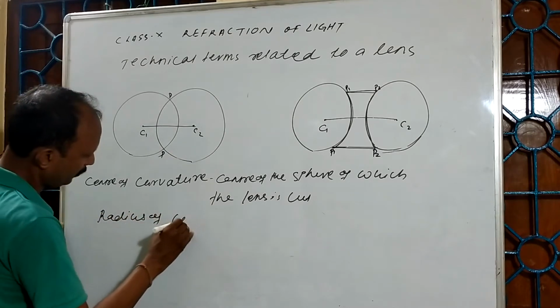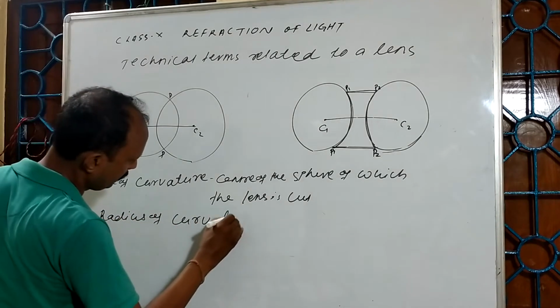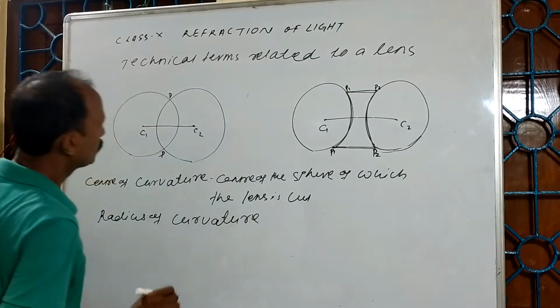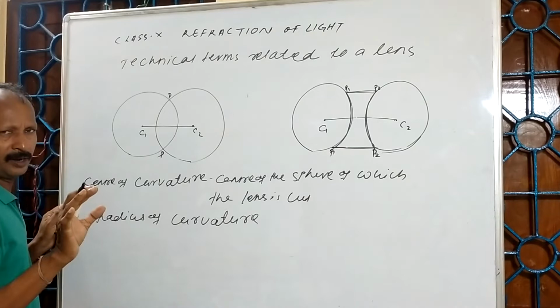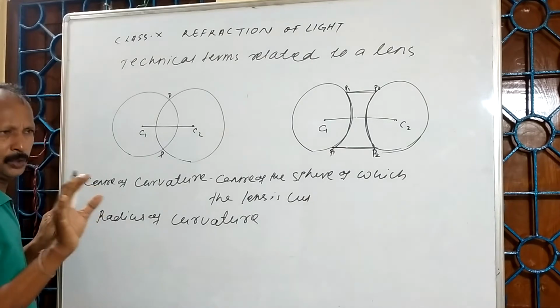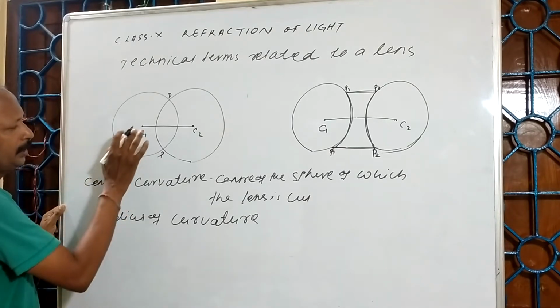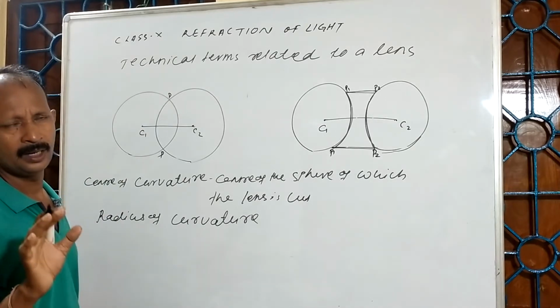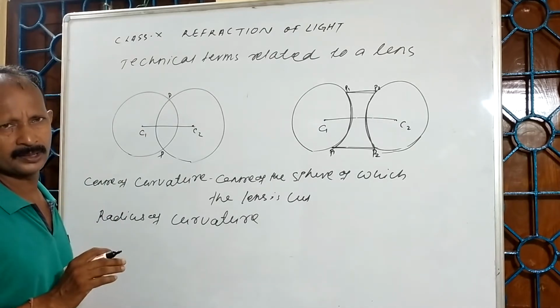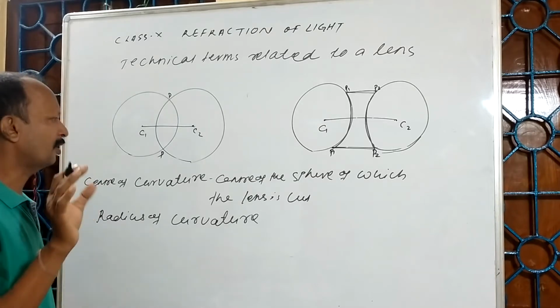Radius of curvature. So the distance from center of curvature to any point on the curved surface, that is the radius of curvature.